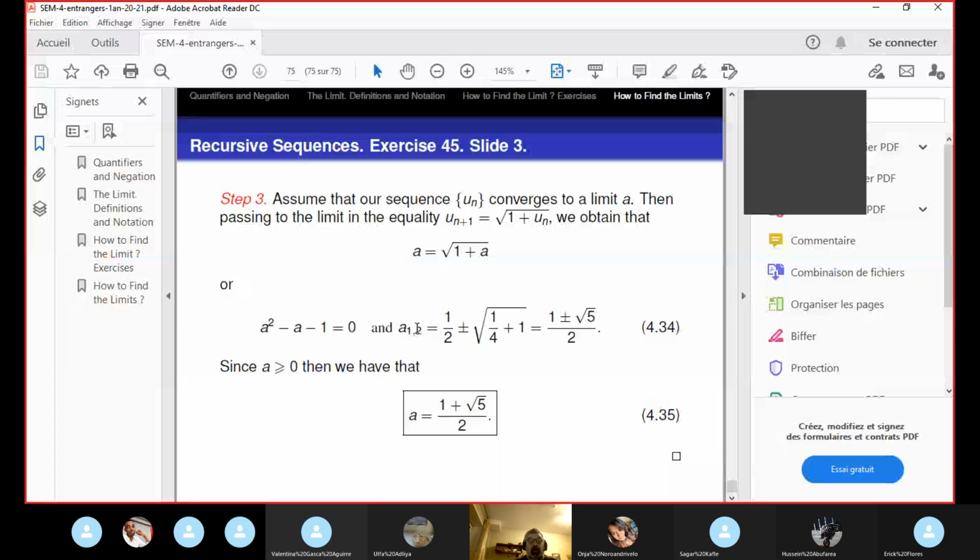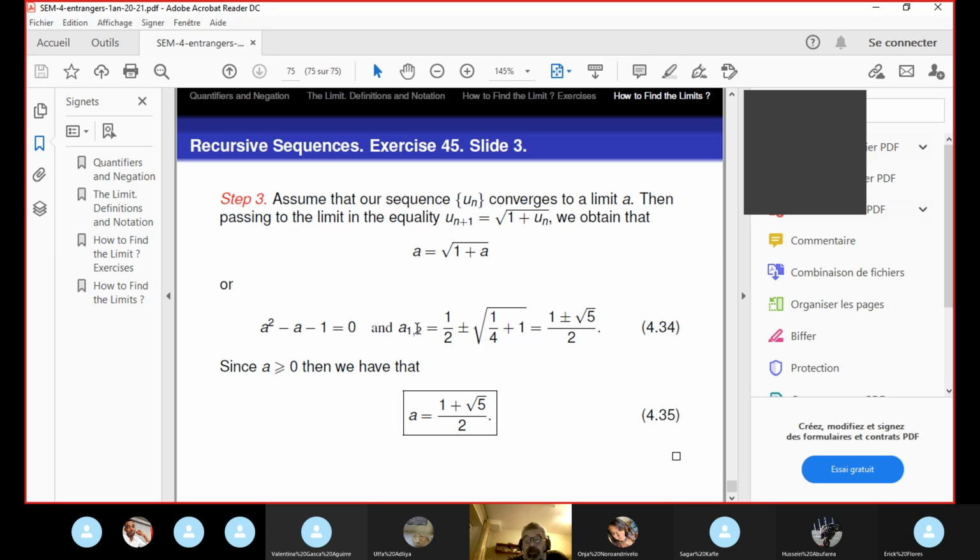So the step number 3, I say that the limit of my sequence is A. I denote the limit of my sequence by A. Then you see we have the relation between the n plus 1 term and the nth term.